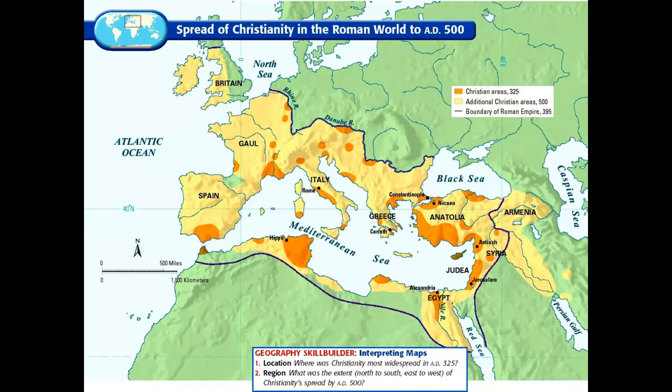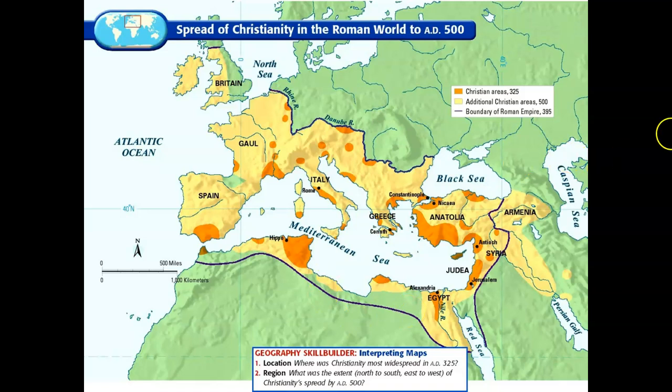One of the things about the beginning part of the Middle Ages is that we have a couple of different influences. One of these influences is the religion of Christianity, which is a fairly new religion at the time of the beginning of the Middle Ages. This is a map that displays before the Middle Ages. This is really the Roman Empire, all of Europe that's in the blue line, right?